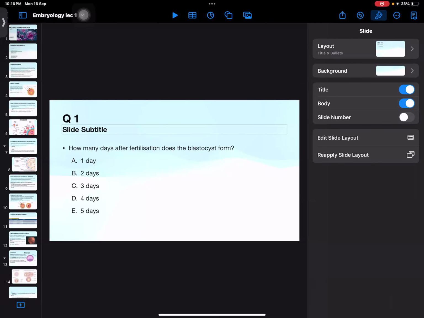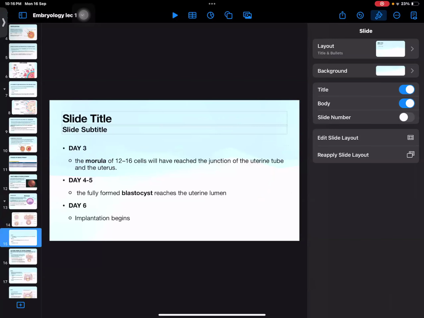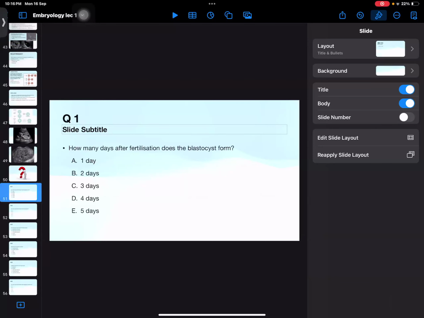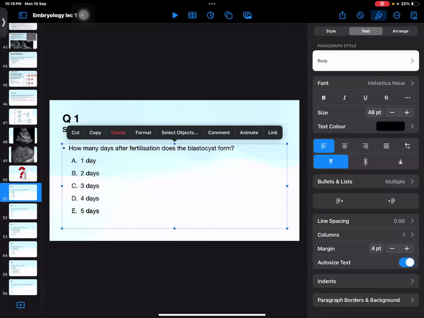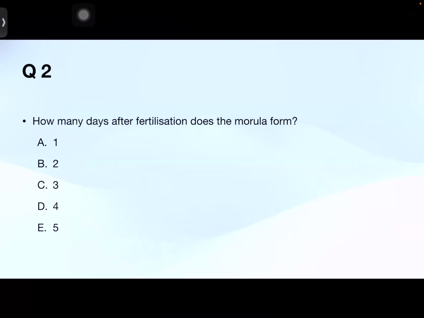Okay, if you see the picture and the very important slide I told you, on day 4 to 5, the fully formed blastocyst reaches the uterine lumen. So that is a very important day. You just have to remember it, okay? So you can say that on the fifth day the blastocyst forms. Now, how many days after fertilization does the morula form? It forms on day 3 to 4, day 3 you can say.